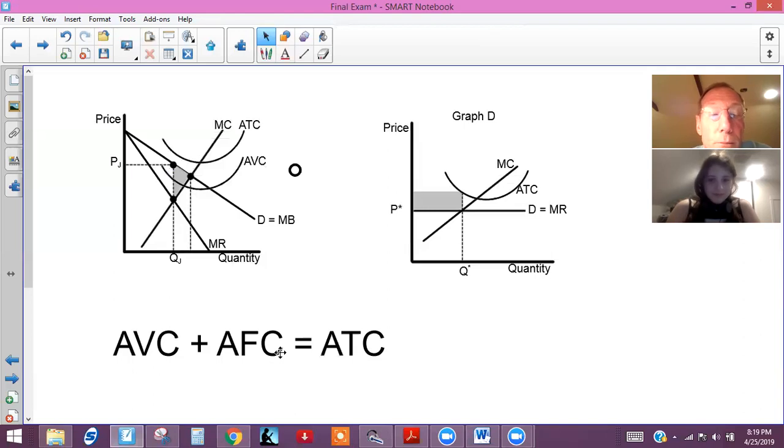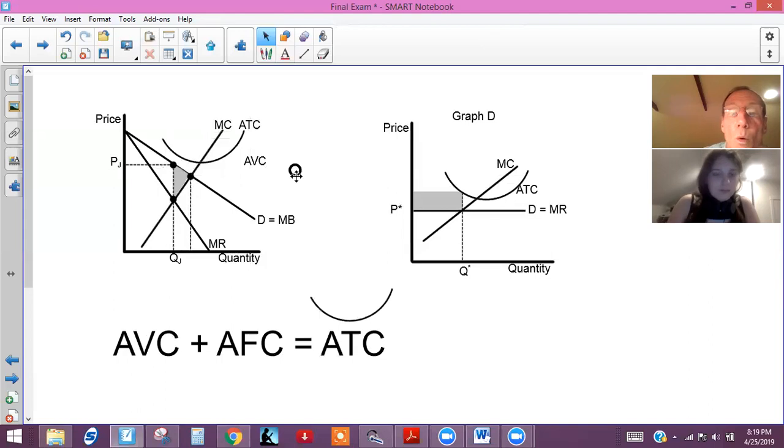So as long as their loss is less than average fixed cost, they're going to continue to operate, and the way that happens is if the price is above average variable cost. Okay, so that's that.